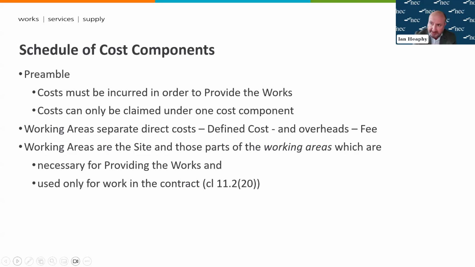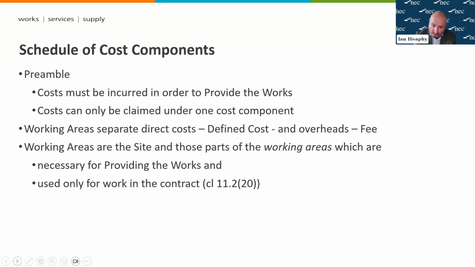Another important factor to consider in terms of the schedule of cost components is the working areas. This is a defined term, and working areas are the site and additional areas which the contractor requires to provide the works. Those areas have to be necessary for providing the works and used only for work in the contract.